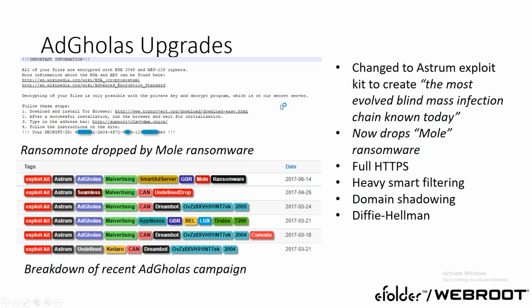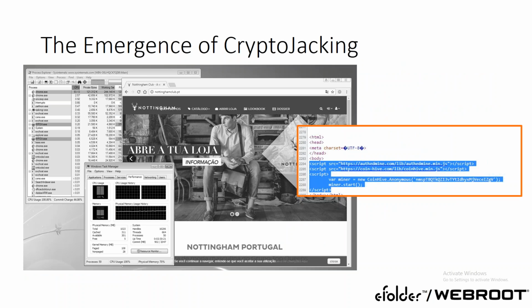All right, so let's move forward here and talk about the emergence of CryptoJacking. If you guys haven't heard about CryptoJacking, I'm glad I get to talk to you about it, because this may be what dethrones ransomware. People are always talking about what's next after ransomware. This very well could be it. Ransomware is the whole process of, I'm going to steal your files, and then I'm going to ransom them back to you for money, right?